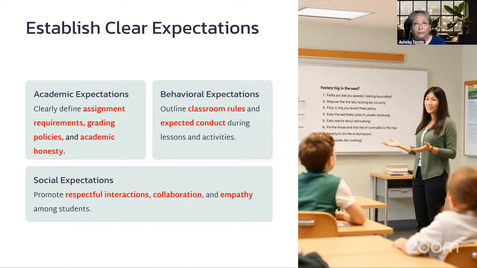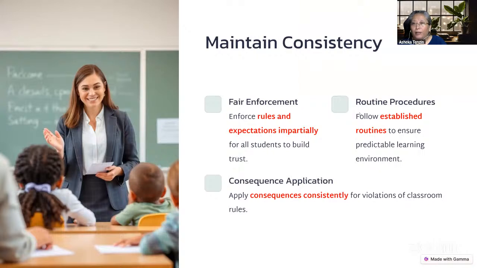Now, next thing is about maintaining consistency. So you have to enforce rules that are impartial. Okay. So why impartial? Then only students will trust you. Right. So if you are partial, then students will always say, Miss, you are not fair.